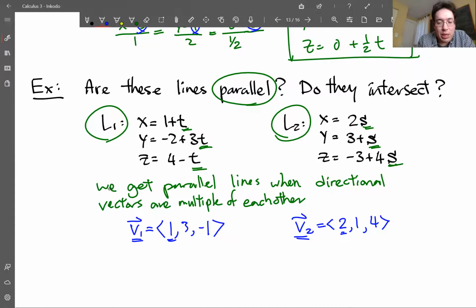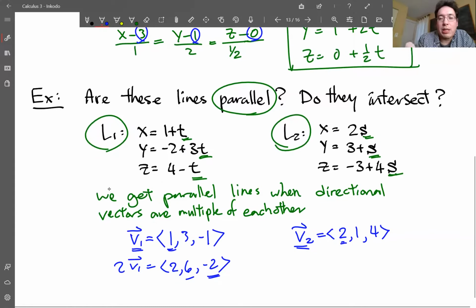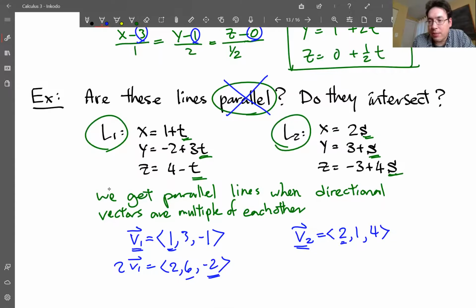But if you multiply V1 by 2, you would not get the same vector. V2 is 2, 1, 4. So the y and the z components do not match. So we know that these lines are not parallel to each other.